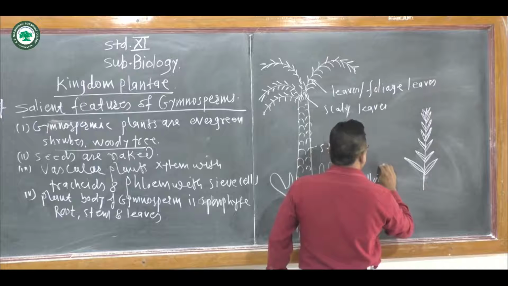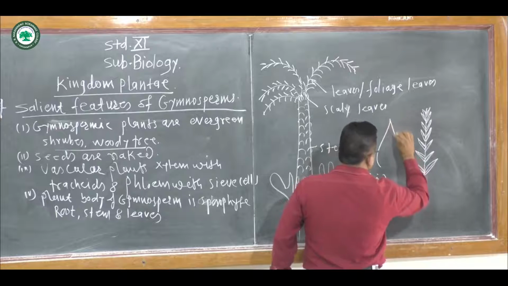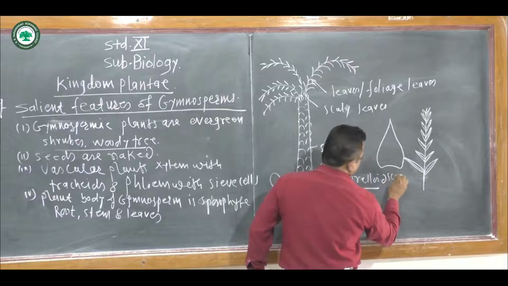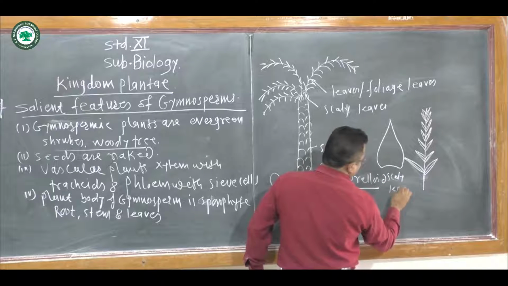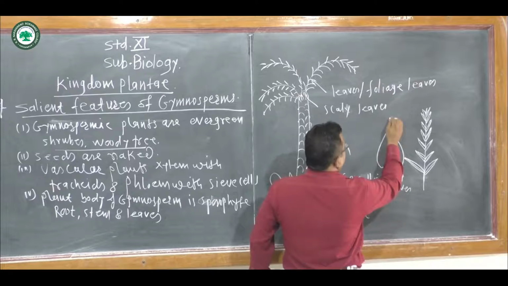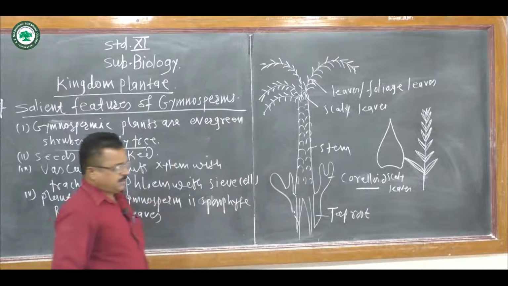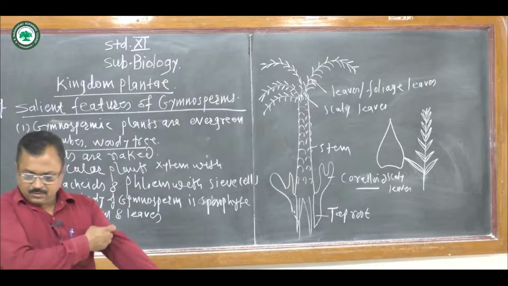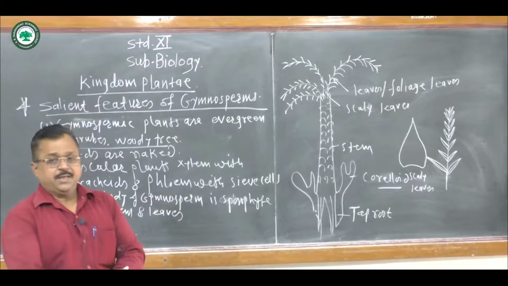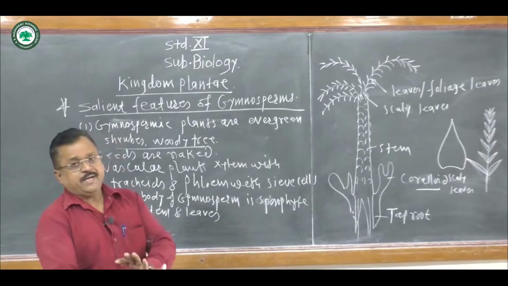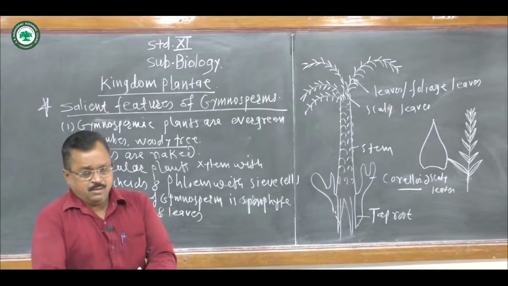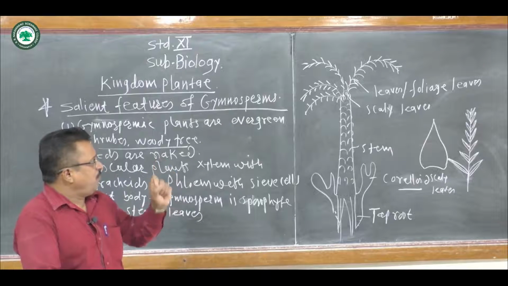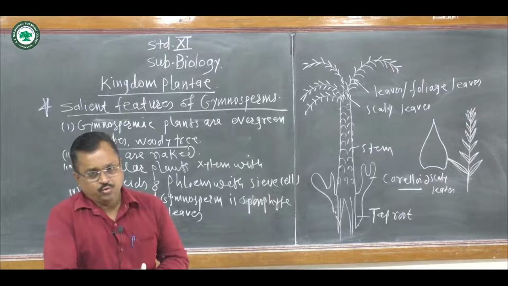Scaly leaves are brownish in color. Initially they show circinate vernation, and they protect the young foliage leaves.